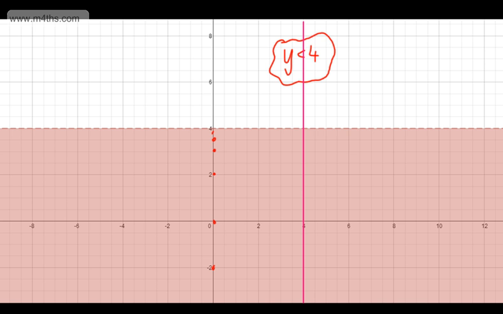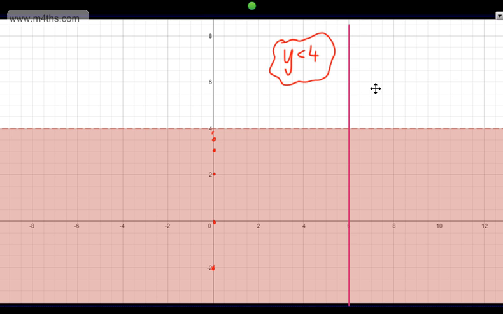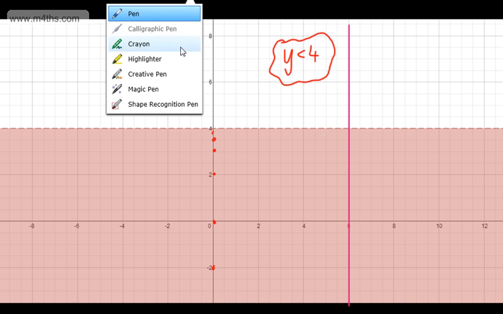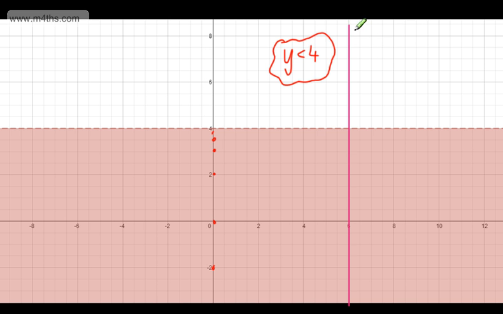Let's say that we moved it to here, and we then thought about values this side. If we had another shaded part here, these are all values that are going to be 6 or more. So x is going to be equal to or greater than 6.